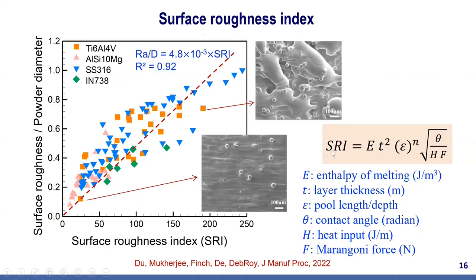For example, we developed a surface roughness index that we just published in the Journal of Manufacturing Processes. This surface roughness index depends on the enthalpy of melting, the layer thickness, the pool length to depth or aspect ratio of the fusion zone, the heat input in terms of the power divided by speed, and Marangoni force, which is the force due to surface tension gradient resulting primarily from the temperature gradient on the surface.